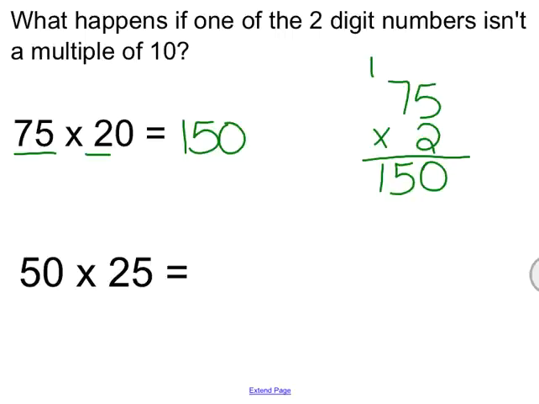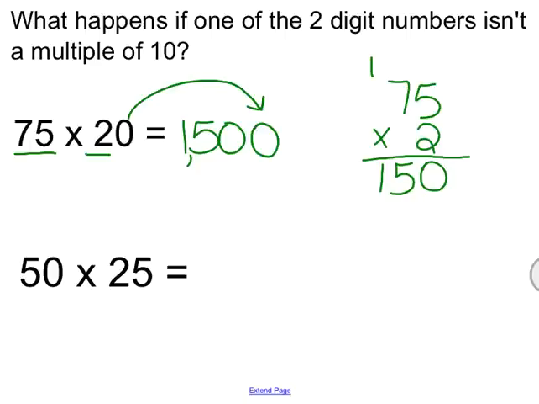So if I only have 1 zero in my factors, then I can only take the 1 zero over. Comma, 1,500. So even though we're not using basic facts, we still are taking numbers and multiplying them and then adding the zeros at the end.